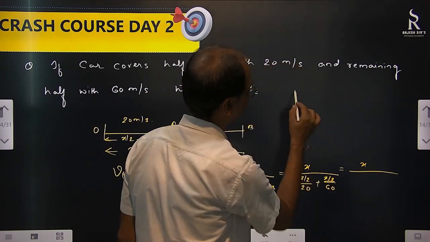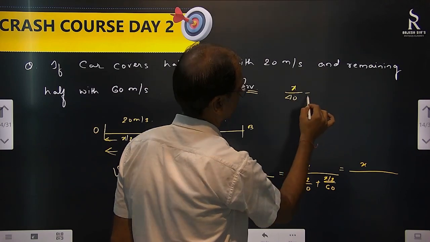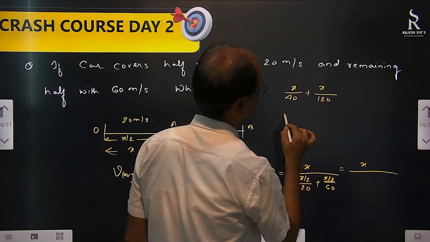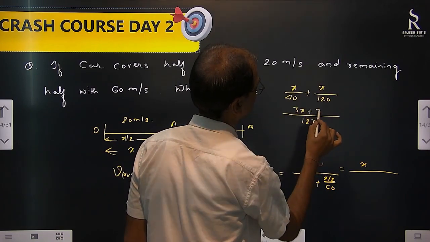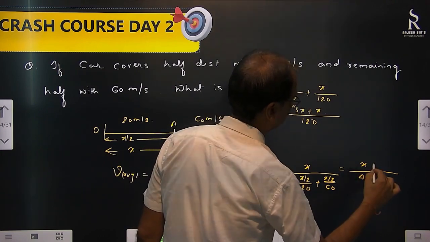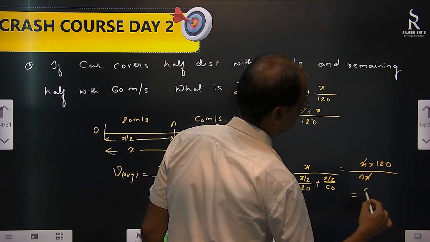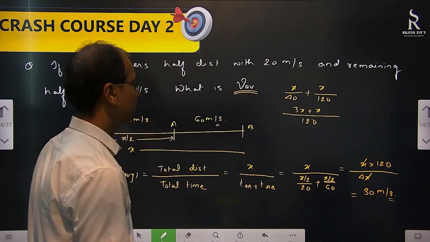What is this actually? X by 2 by 20 means x by 40 and x by 2 by 60 means x by 120. The solution will be what? Their LCM is 120. This is 3x and this is x. So we'll write 4x by 120. We take 120 out. X cancel. Answer is 30. 30 meter per second is the average speed.